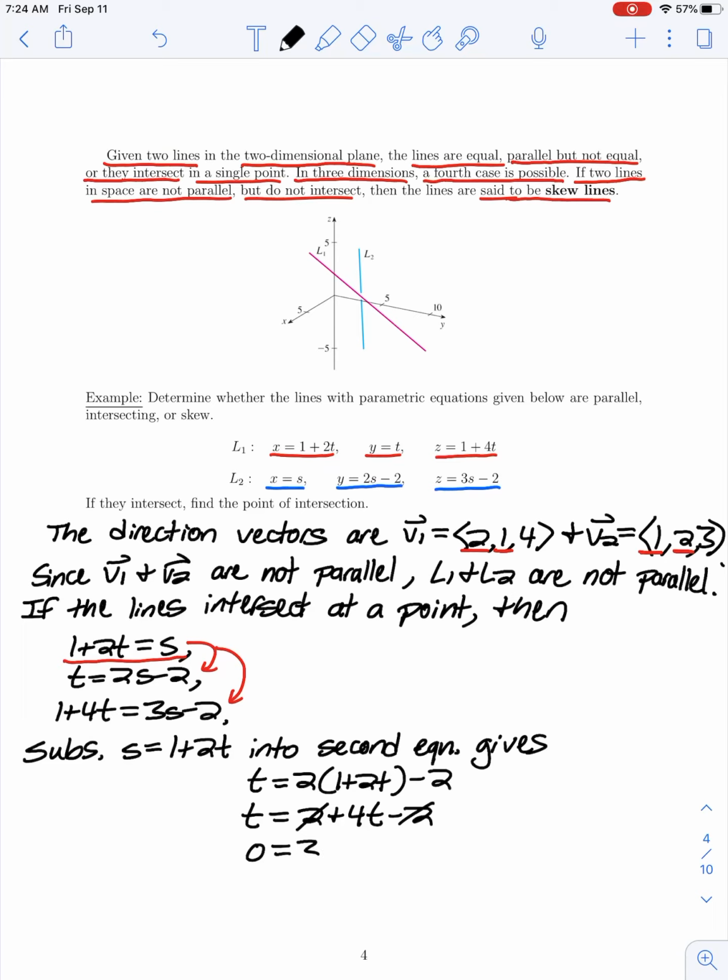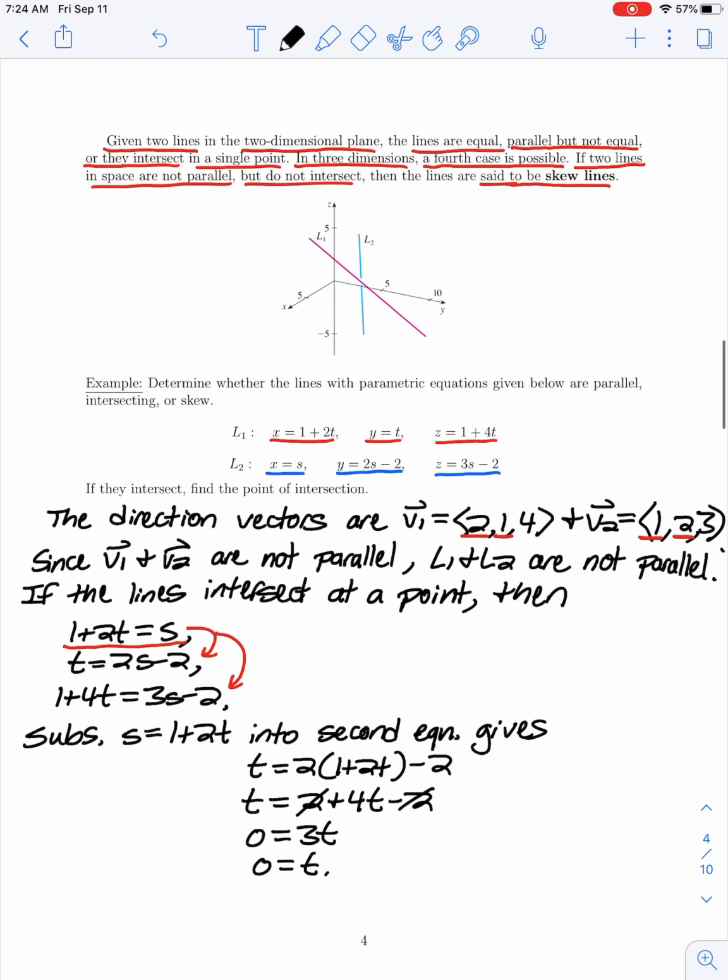And then moving all of my t's to one side, I would have 3t is 0, and so t would have to be 0. Now if t is 0, then s, which is 1 plus 2 times t, would be 1.